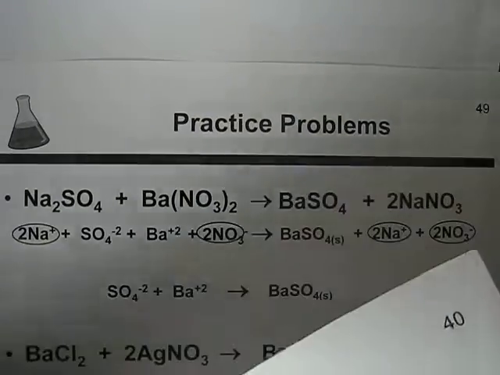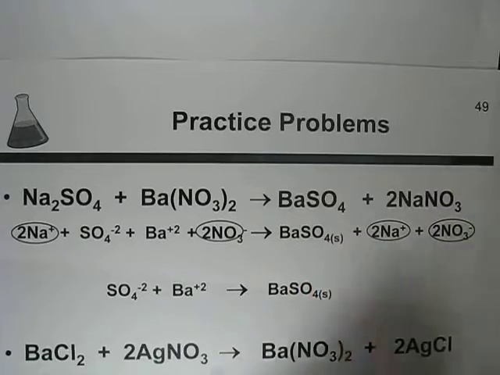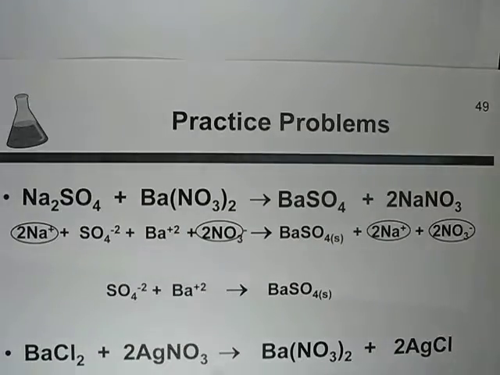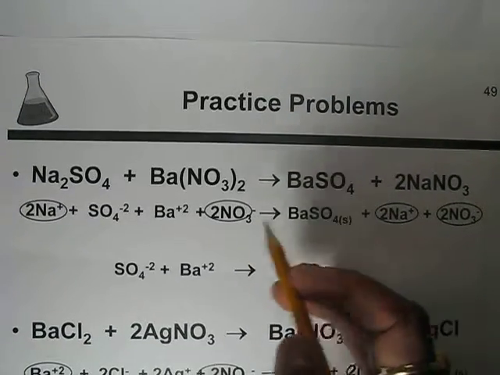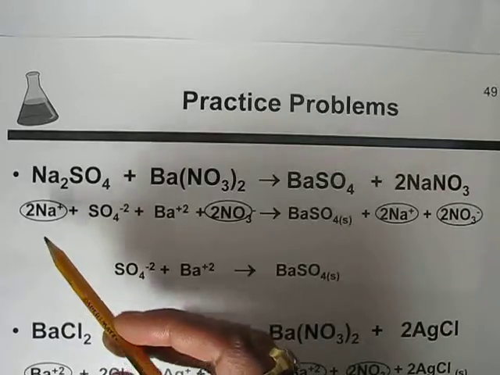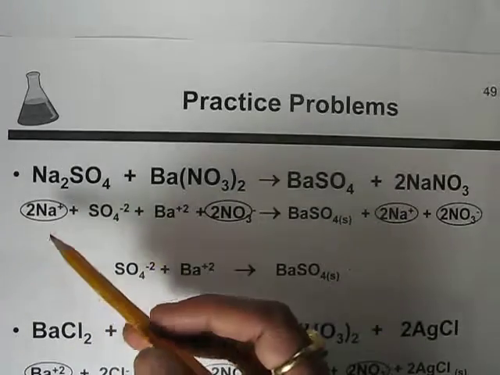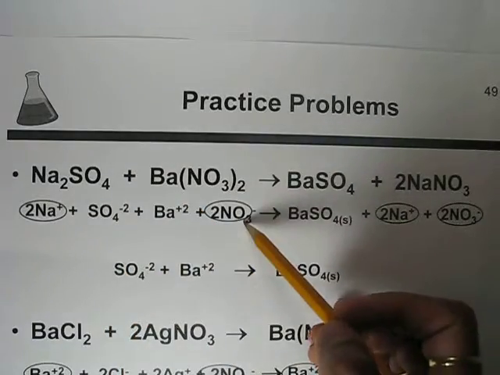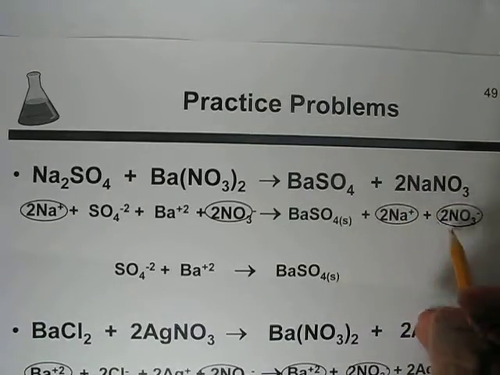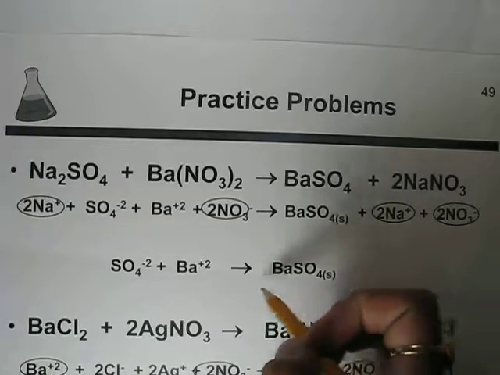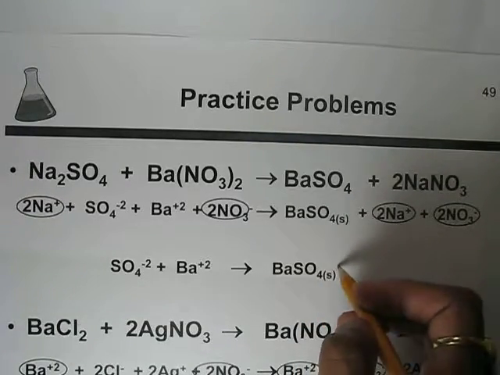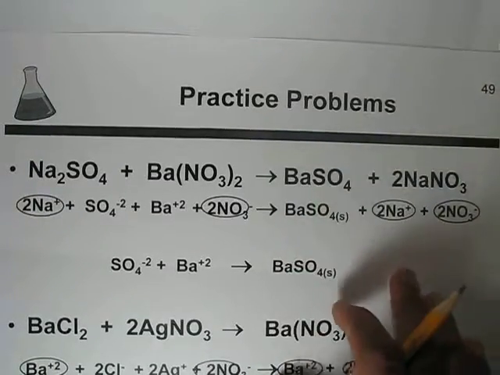From this table we know that barium sulfate will not dissolve and it will precipitate. If it is precipitating, we cannot ionize it, and then we find the spectator ions from both sides, which are sodium ion and nitrate ion. We cancel these two, and the remaining species make the net ionic equation. So this is the net ionic equation for this reaction.